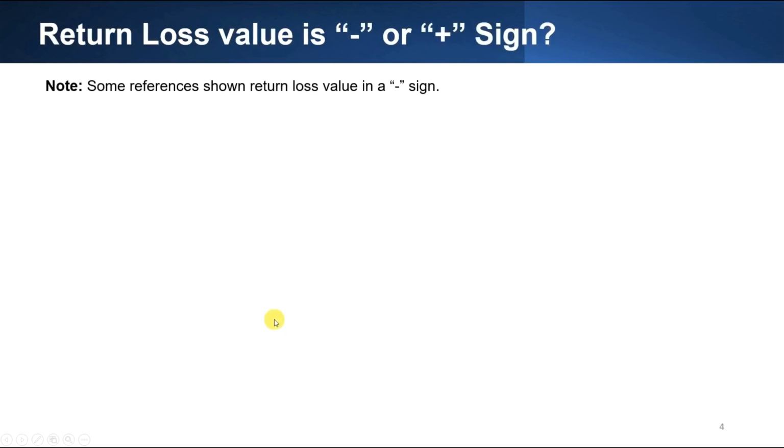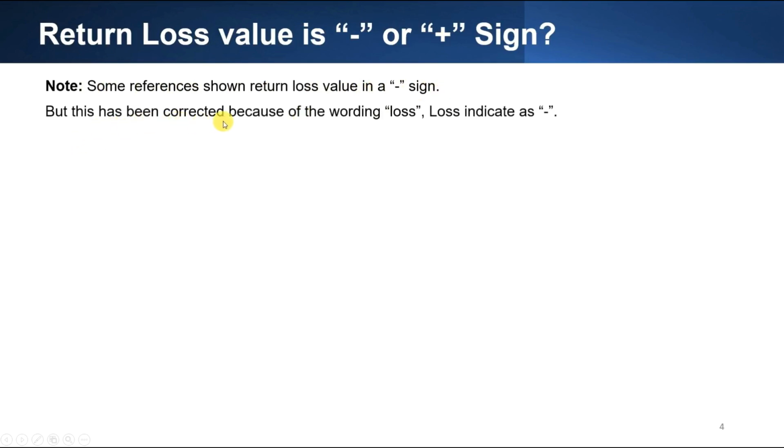Next, is the return loss value a negative or positive sign? Okay, some references show the return loss value with a negative sign, but this has been corrected because of the wording loss. Loss is indicated as negative. For example, power incident is 100% transmitted and 25% is reflected power.